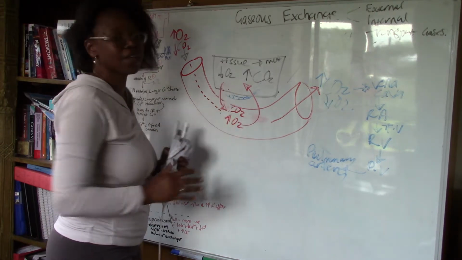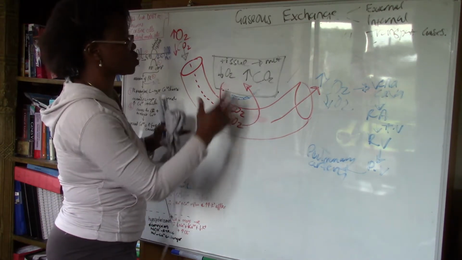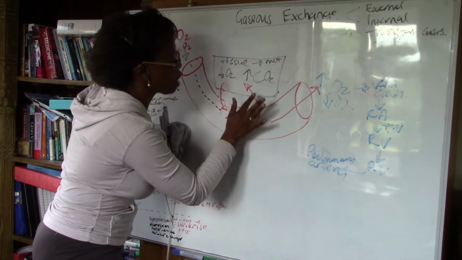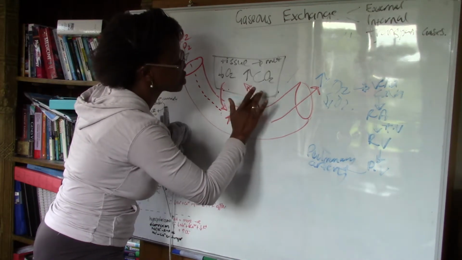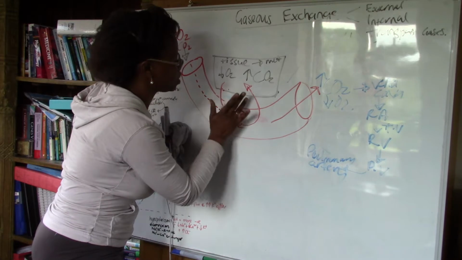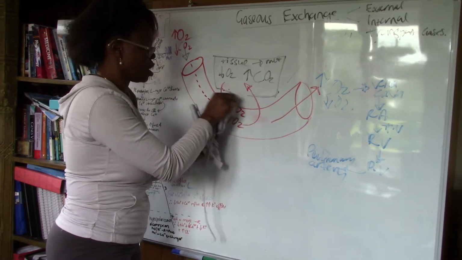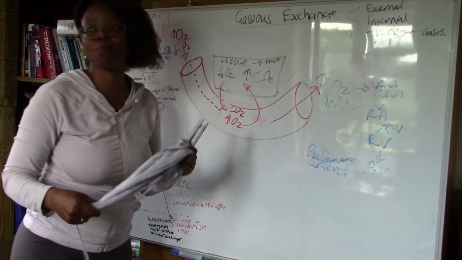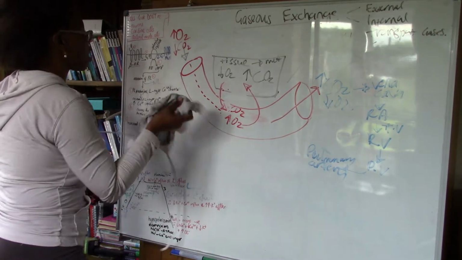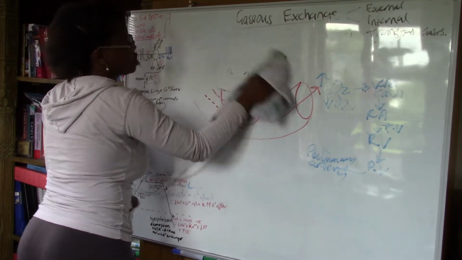Obviously, it's easy to think about it as simple diffusion or simple movement, but they actually move in the tissues. They are transported by hemoglobin, and also by changing their structures.